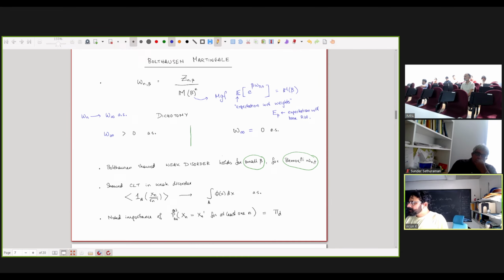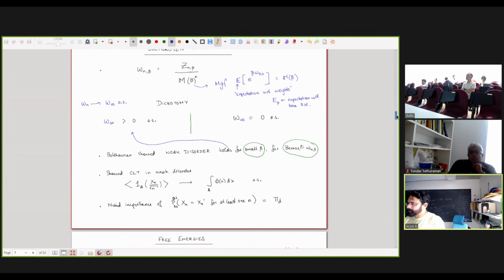So this region where this martingale converges to something non-zero almost surely is called the weak disorder region. And Bolthausen showed that it holds for small enough beta, and he restricted to Bernoulli weights omega xt.